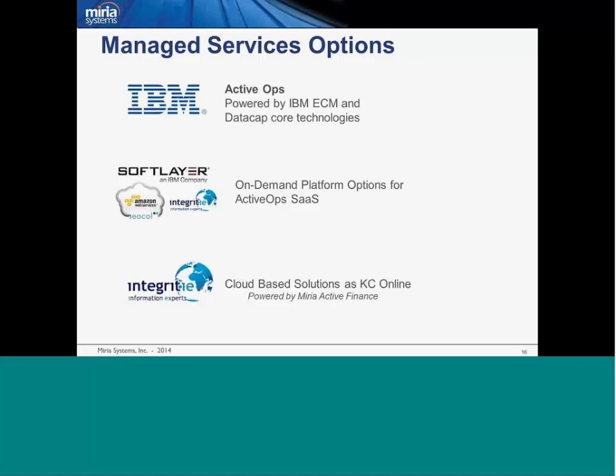And with Integrity, which is a large partner, we're doing several installations for customers on a hosted model through their KC Online infrastructure. So there's several options to be able to either migrate your solution to an online option or to add to it or to run hybrid, as I mentioned before.